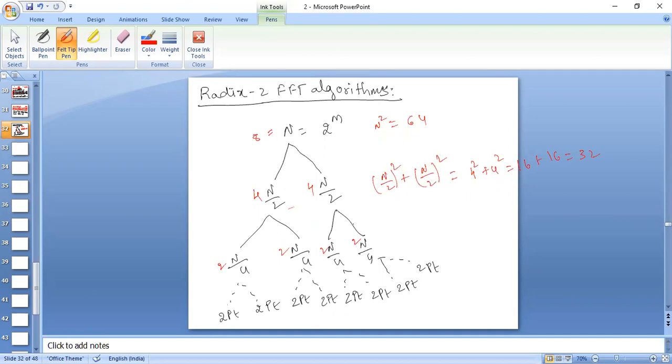Since we are choosing radix 2 FFT algorithms, there won't be any further stage of decompositions, right? For an n point DFT, it requires n square multiplications. So for n by 4 point DFT, it should require n by 4 whole square number of multiplications. And there are 4 such blocks here, right? So 2 whole square into 4. 2 2s are 4, 4 4s are 16, right?